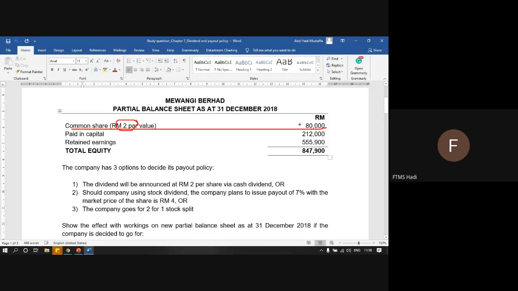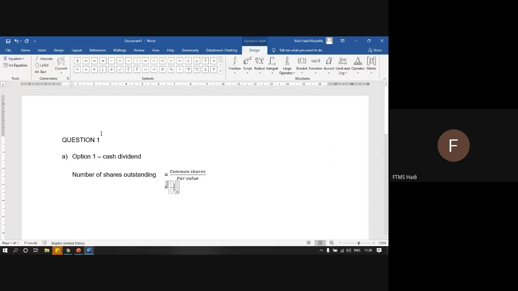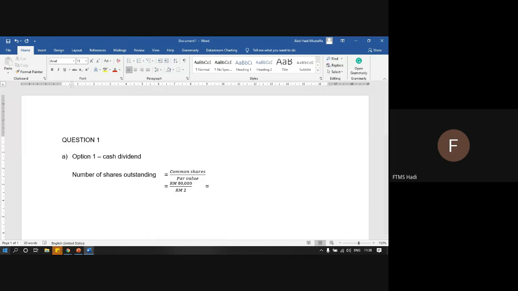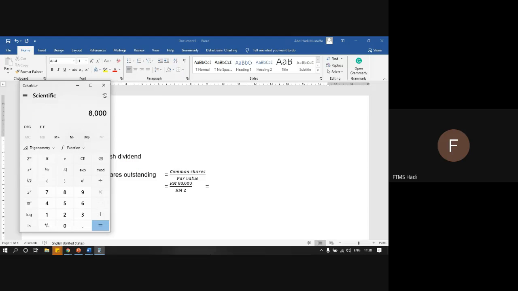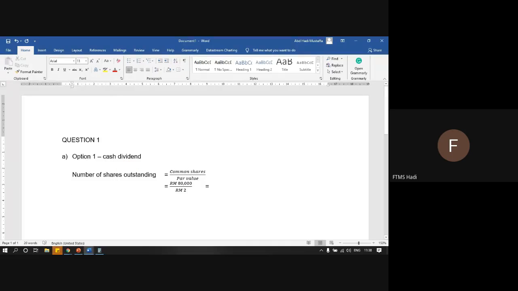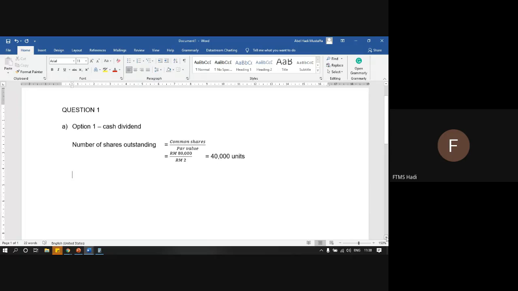So 80,000 divided by RM2, if you press the calculator, is 40,000 units. It means that this company, Mewangi Berhad, currently has 40,000 units of shares outstanding.